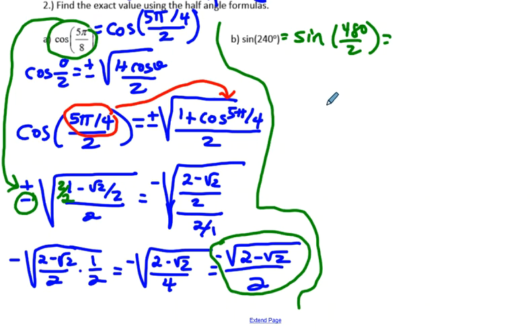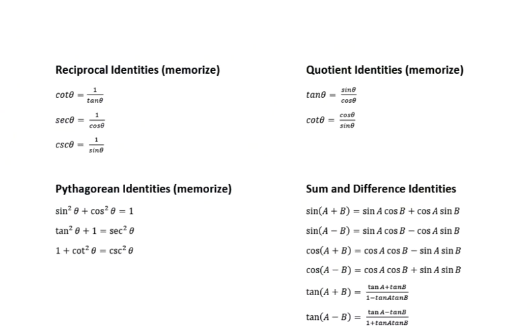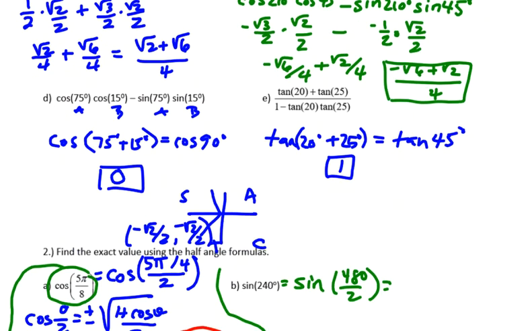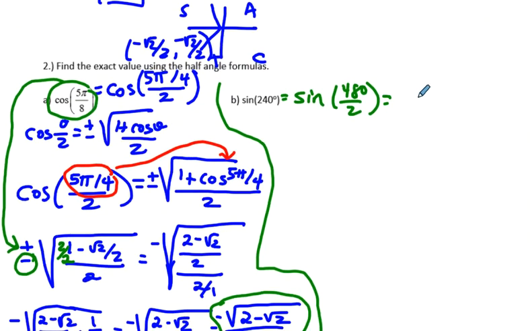Alright, and then we need to look up the half angle formula for sine. So you'll notice it's very similar to the cosine formula, but there's a minus here instead of a plus. So this is the formula we're going to apply. Okay, so plus or minus the square root of 1 minus cosine theta over 2.